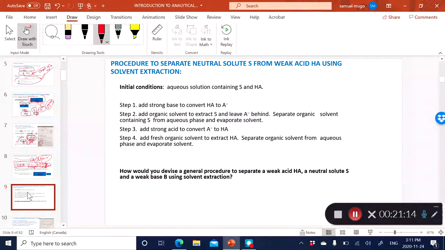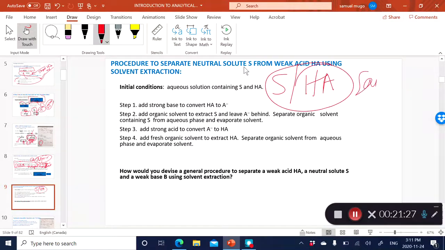So what would be the procedure to separate a neutral solute? Assume I've got a neutral solute and I also have a weak acid that is present in that sample, okay? So my sample is a mixture. I've got a neutral solute. Maybe I'm going to call S maybe dextromethorphan. That's a good example.